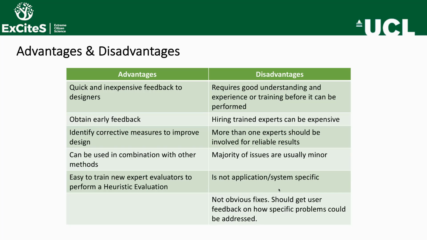It is not application or system specific, so you need to find heuristics that apply to your context, or the method cannot be used altogether. And there are no obvious fixes. That means that you should still get user feedback on how specific problems could be addressed based on user needs and requirements.